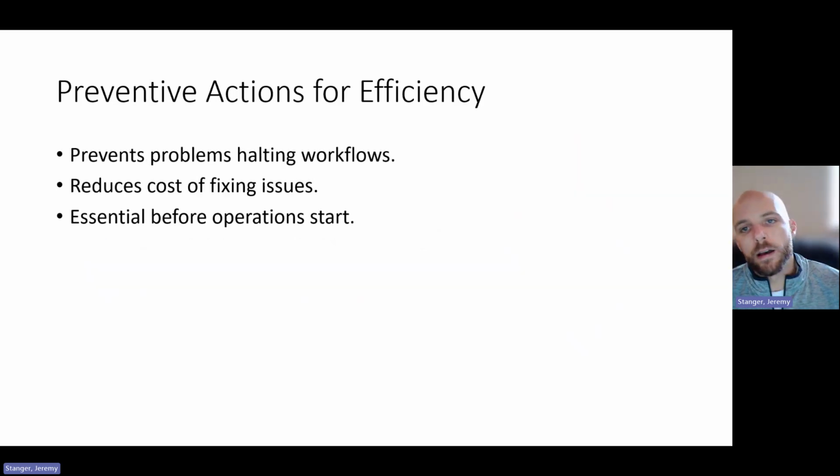Preventive action for efficiency. It prevents problems halting workflows. If you have a problem, a near miss, a quality problem, anything, you have to stop work or halt activities and reevaluate. Maybe it's even a design process. You halt that activity, it's going to slow your process down.